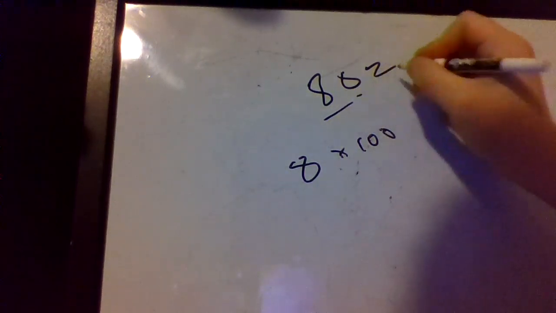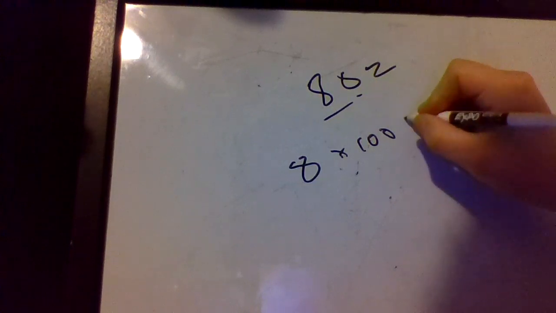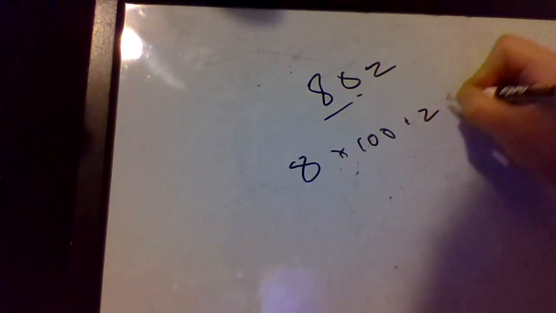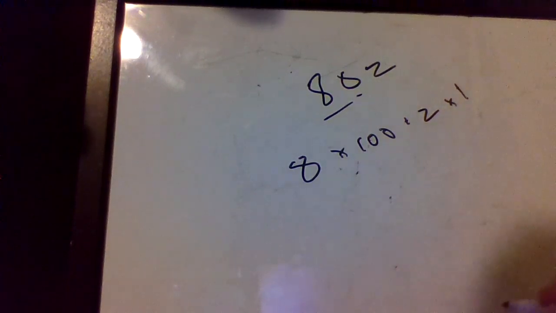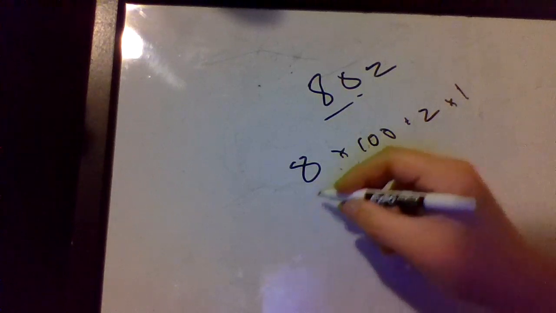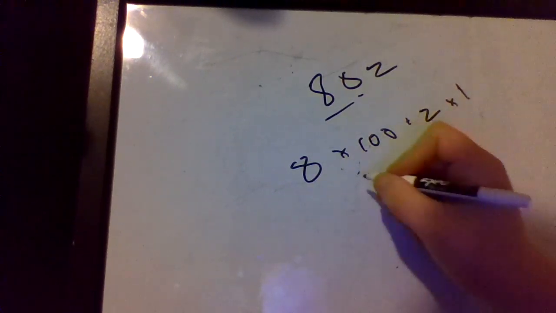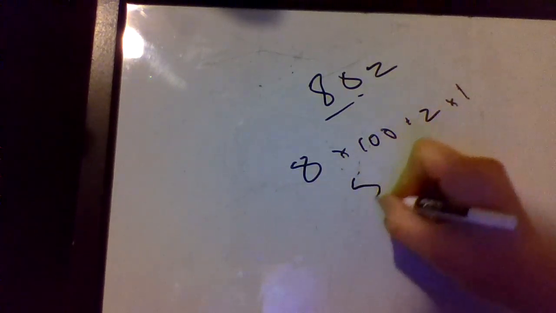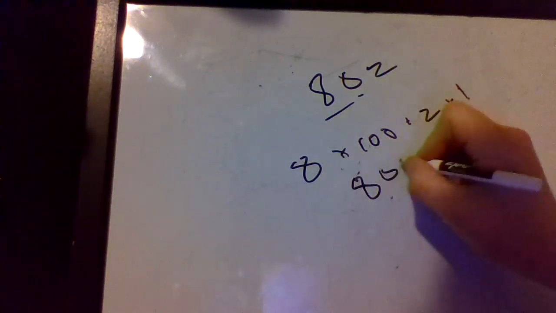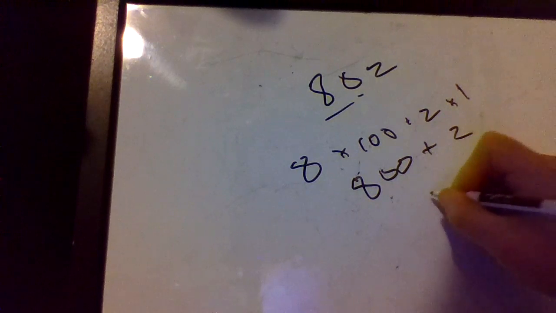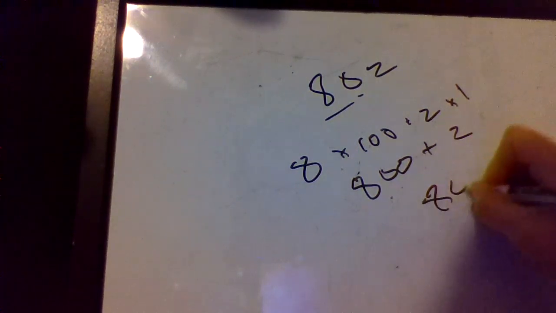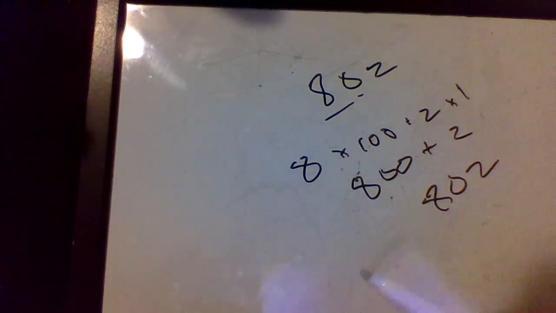We have no 10s, and then we have 2 groups of 1. So that would be how you would see it on a multiple choice test, most likely. So 8 groups of 100 is 800, and 2 groups of 1 is 2. So if you add that together, you get 802, just like we started with.